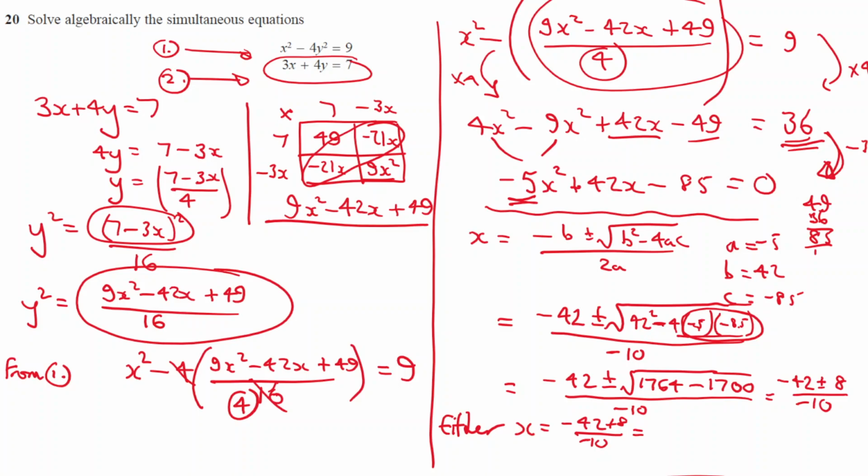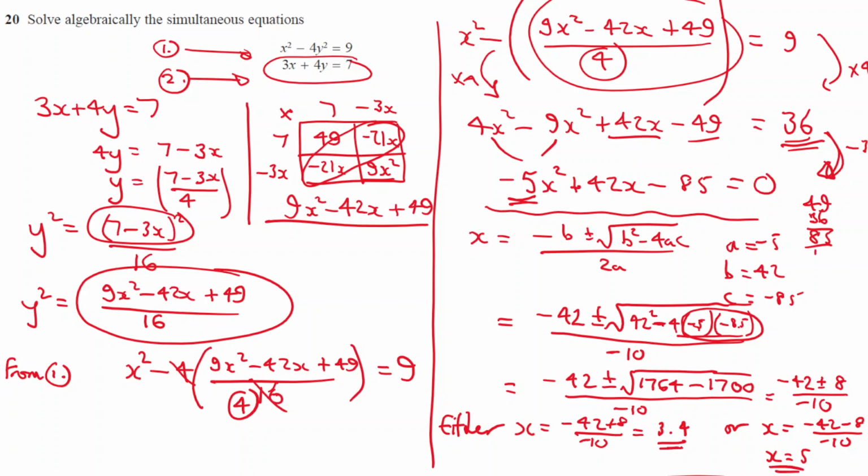So negative 42 plus 8, negative 34, divided by negative 10 is positive 3.4. Okay, or x equals negative 42 minus 8 all over negative 10. Negative 42 take away 8 is negative 50. Negative 50 divided by negative 10 is going to be positive 5.